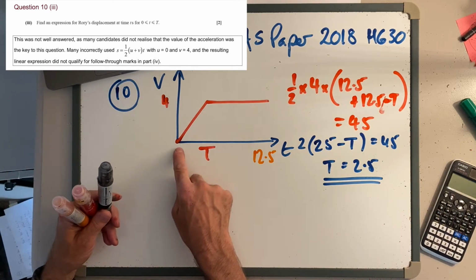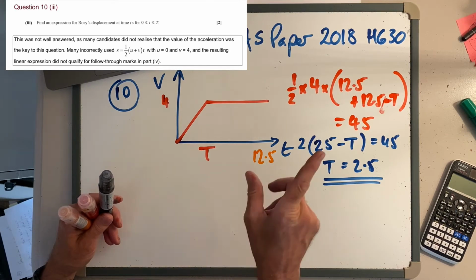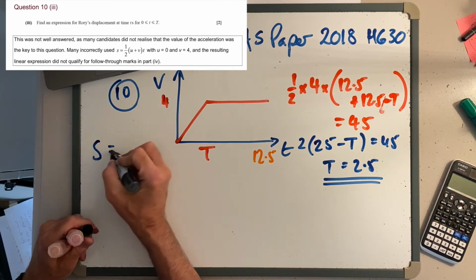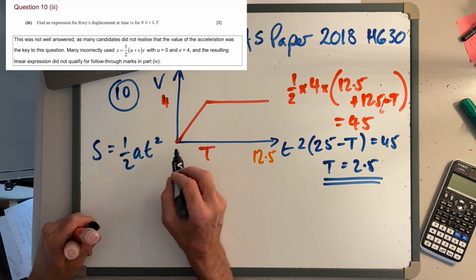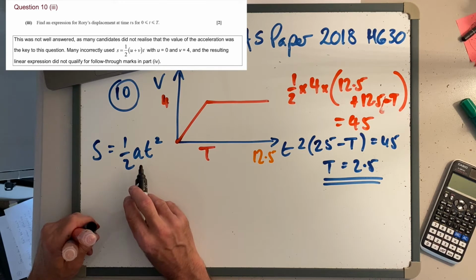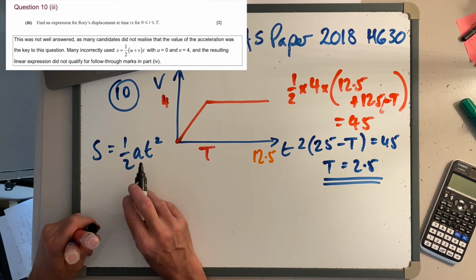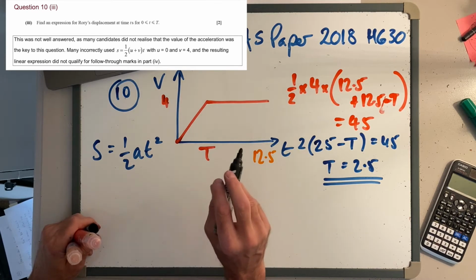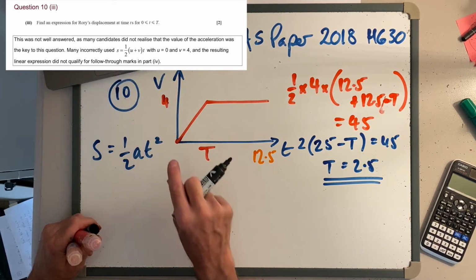Since u is 0, I can use s equals ut plus a half at squared, because I know the initial velocity is 0. So in order to do that, I need to find the acceleration. And I know it because they say it's 4 meters per second, but over just 2.5 seconds.